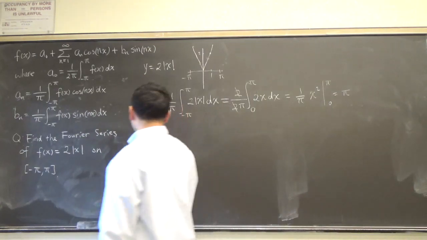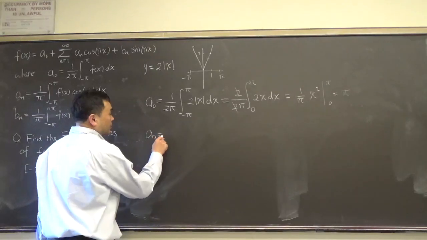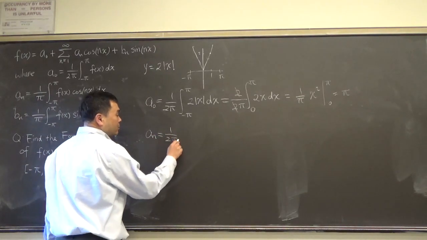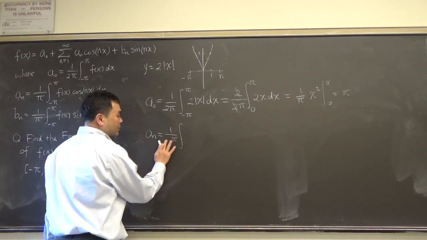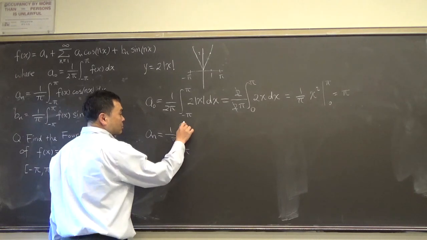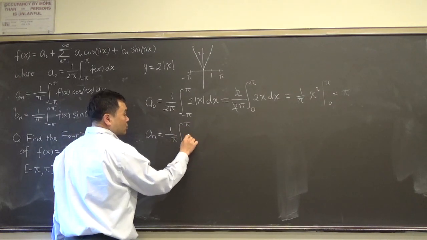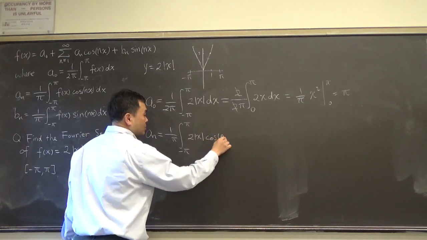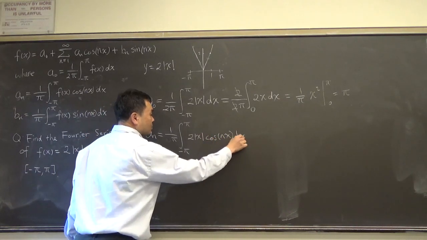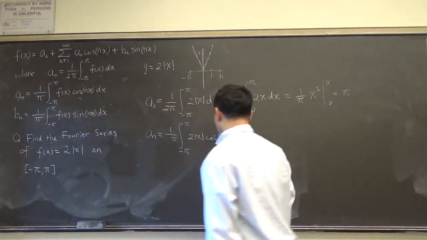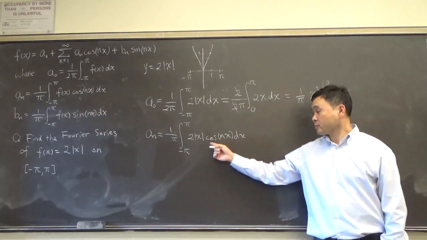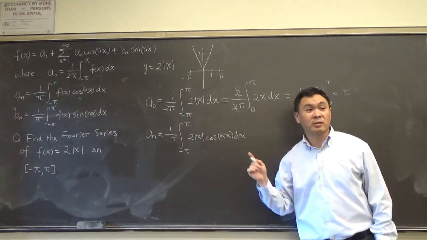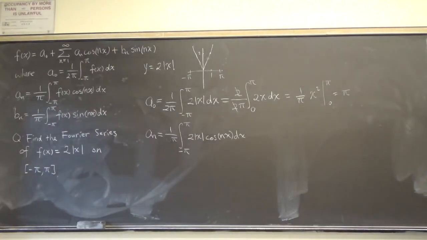Let's try an. An is 1 over 2 pi, not 1 over pi, integral from negative pi to pi of 2 absolute value of x times cosine nx dx. And again, they're both even, and even times even gives you an even function.